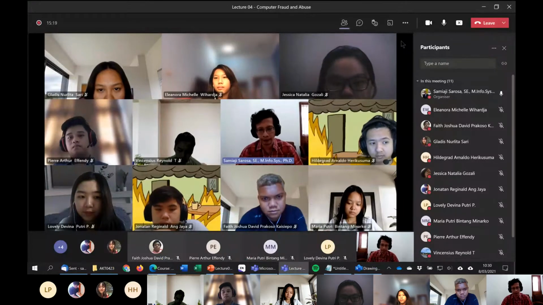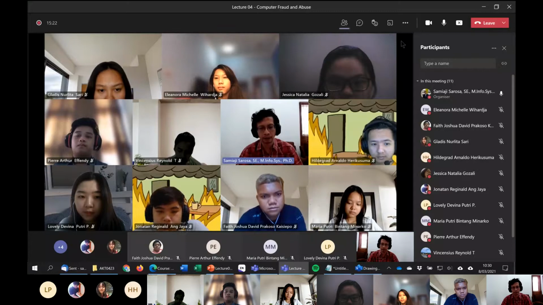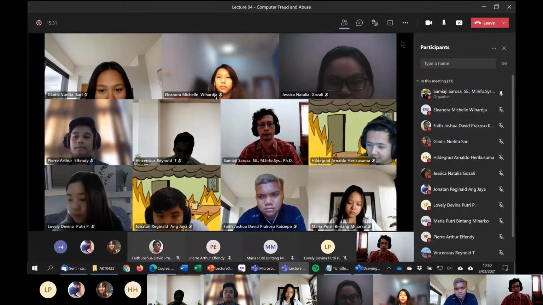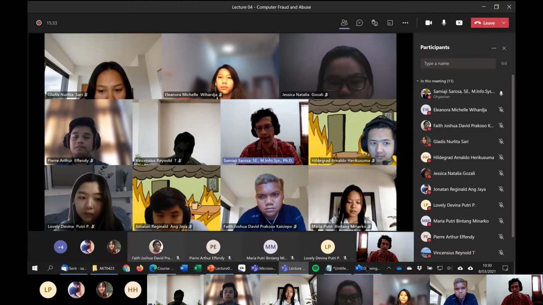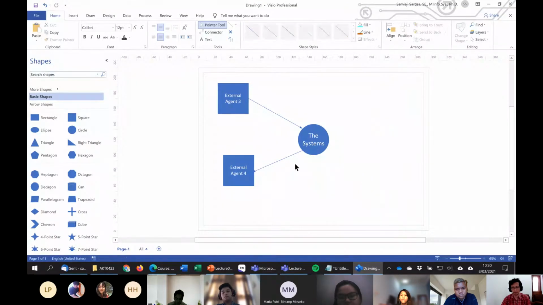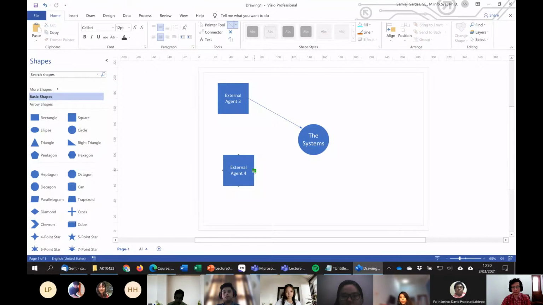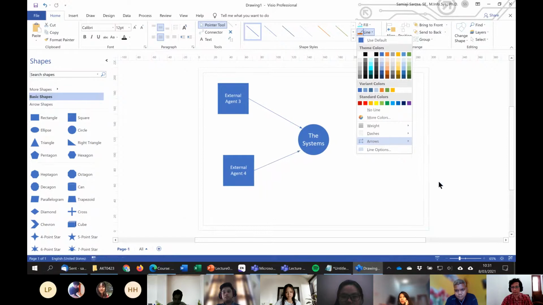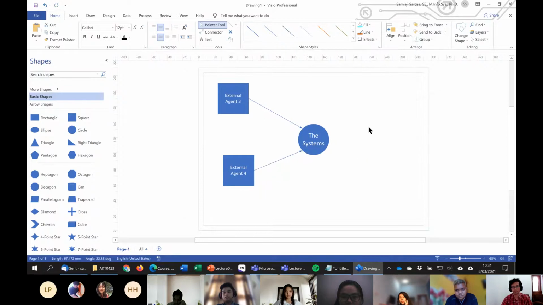Next I will discuss some obvious mistakes that usually happen when drawing a data flow diagram. Let's start with this.